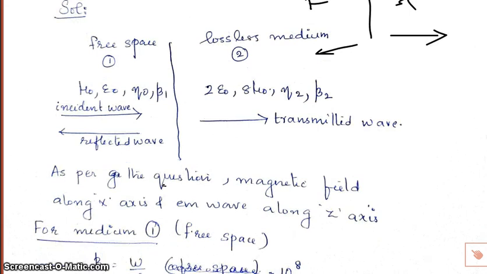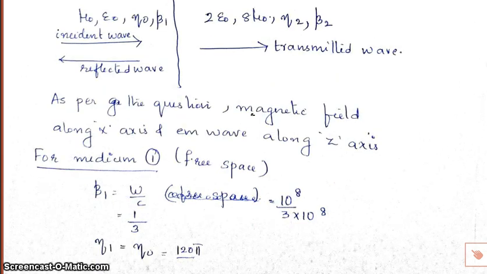Now here I have drawn the diagram. Free space, lossless medium, medium 1, 2, and the parameters are marked, and in medium 1 we have our incident ray and reflected wave, and in medium 2 we have the transmitted wave. Okay, so we'll start with medium 1.